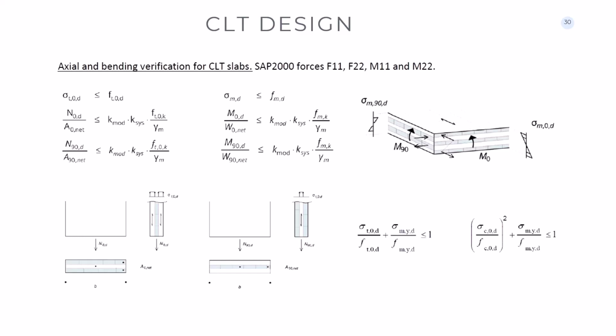So the standard formulas that everyone knows about steel, for example, are not valid. You cannot only do the M divided by W. Plus, timber has to also account for the fact that it has a very large creep, and this is a very important topic for timber.